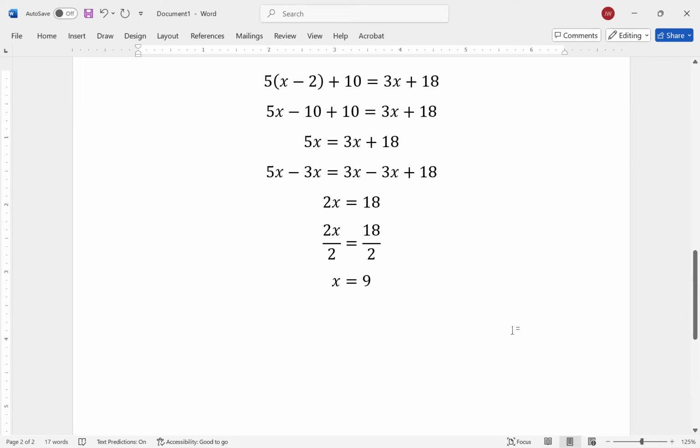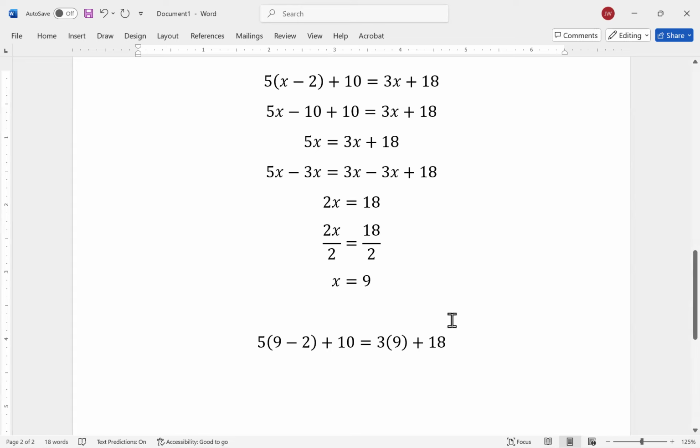If you wanted to confirm that that is the actual solution, you just plug it in. We take 5 times the quantity 9 minus 2 and then add 10. Set that equal to 3 times 9 plus 18.